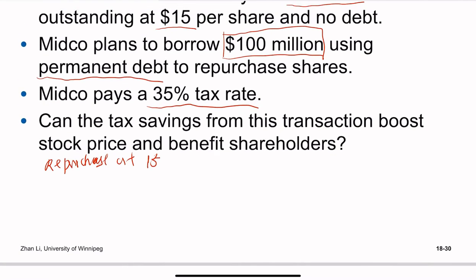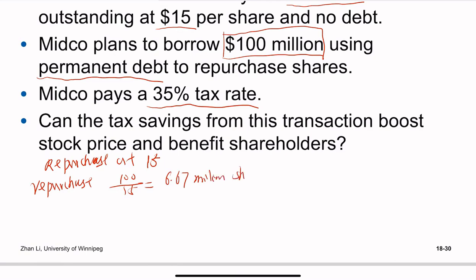The firm will spend $100 million. So if the share price stays at $15, the firm can repurchase 100 divided by 15, which is 6.67 million shares.